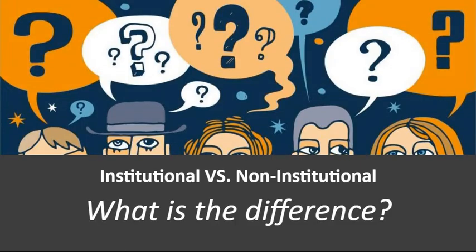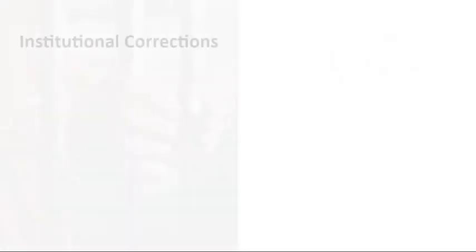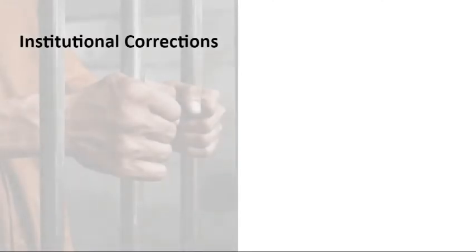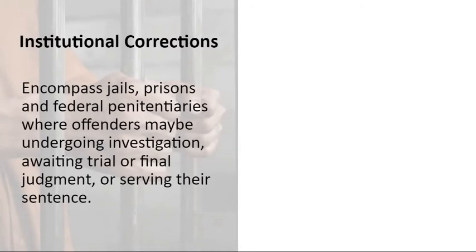Institutional versus non-institutional. What is the difference? As I said a while ago, when we say institutional corrections, it encompasses jails, prisons, and federal penitentiaries, where offenders may be undergoing investigation, awaiting trial or final judgment, or serving their sentence.